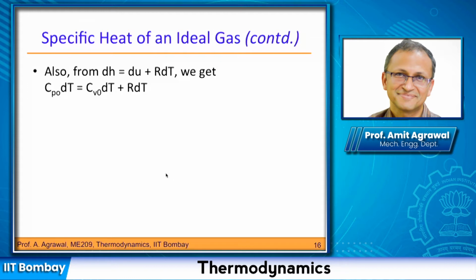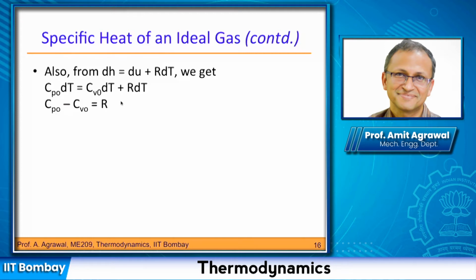As a further reduction, we can say that dH is equal to du plus R dT, and we get an expression which has been given here. Of course, dT we can cancel out from both sides, and we get that R is equal to Cp0 minus Cv0.